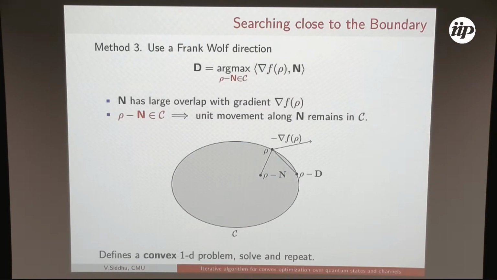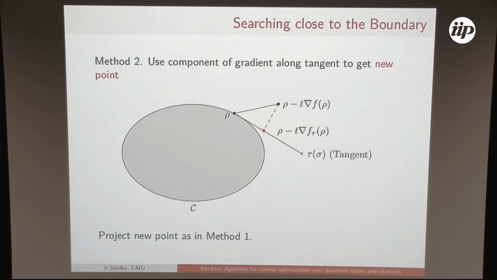Or you can do something else, where you don't have to do projections. So sometimes you're like, projecting is tough, I want some other algorithm for this stuff. That's right, and computing the normal is not always straightforward.